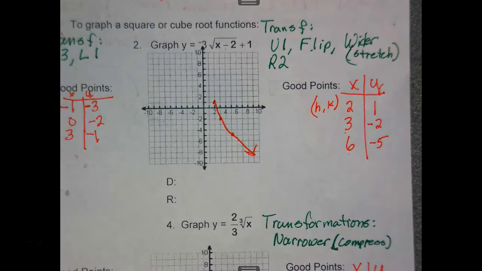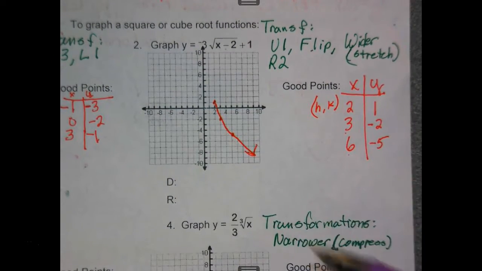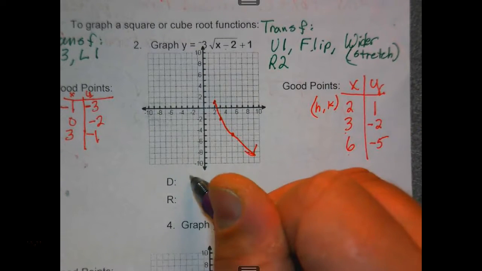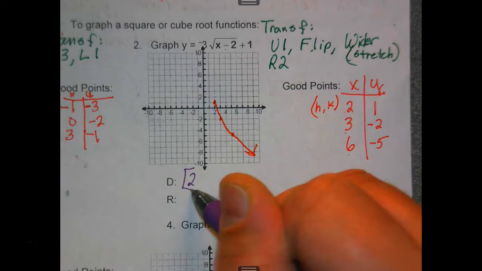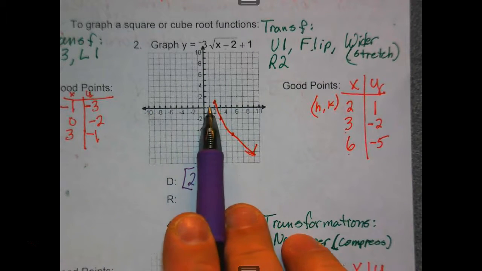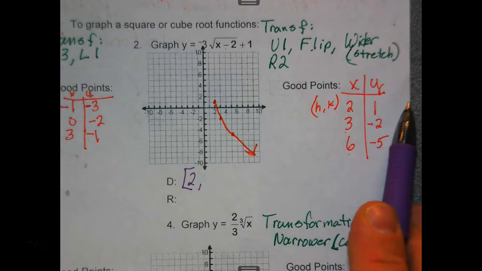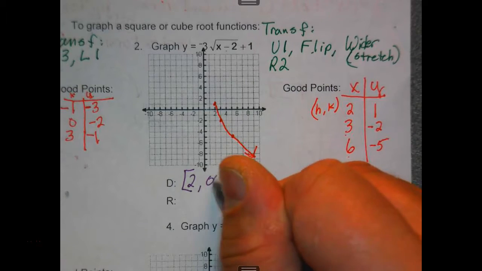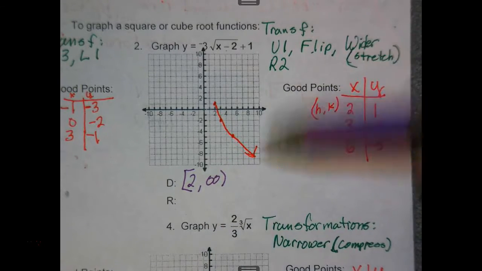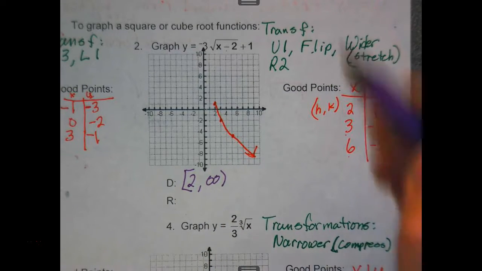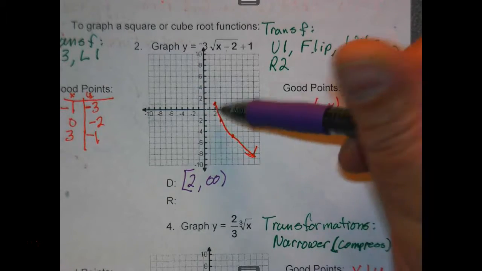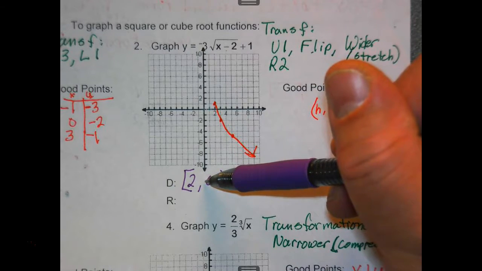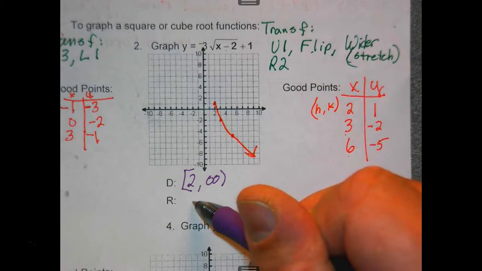Okay, what's my domain? What's my H? 2. And on the x-axis, it's going to positive infinity, right? Now, the range is my k. We know k is 1, but be careful because it's going to negative infinity, and you always put the smallest number first.